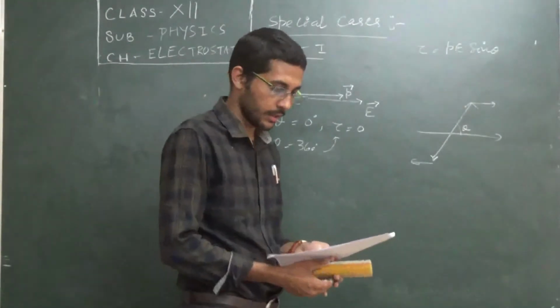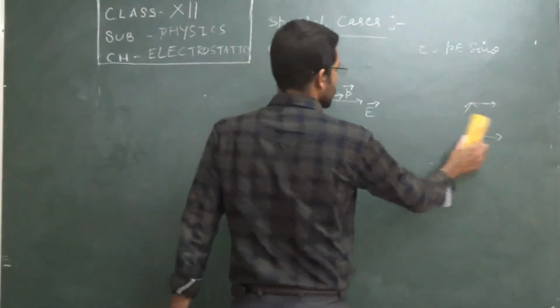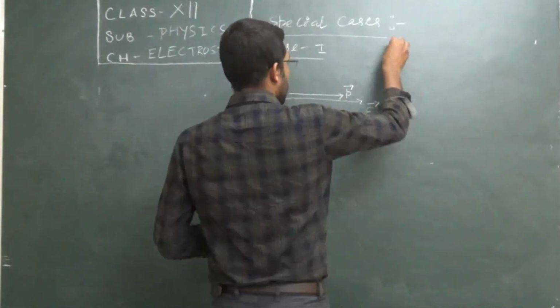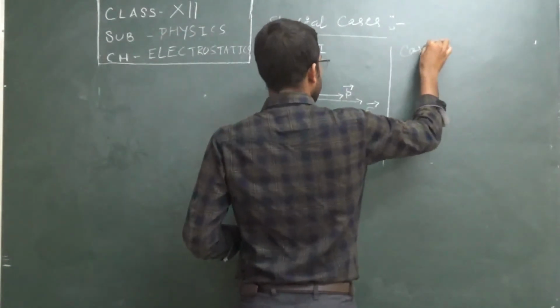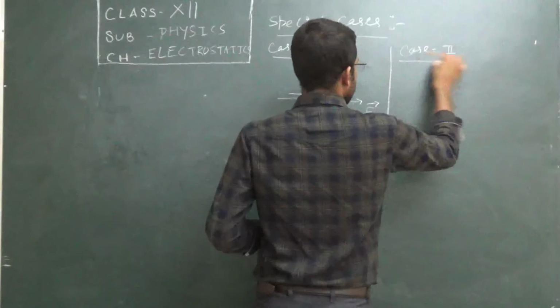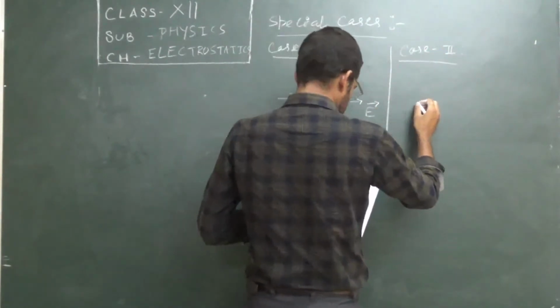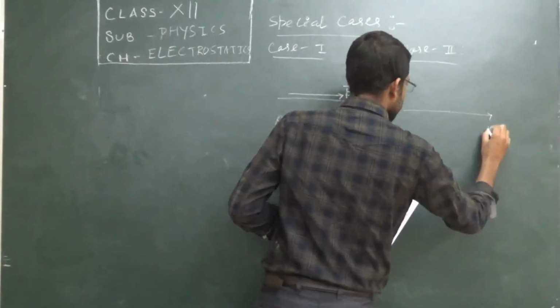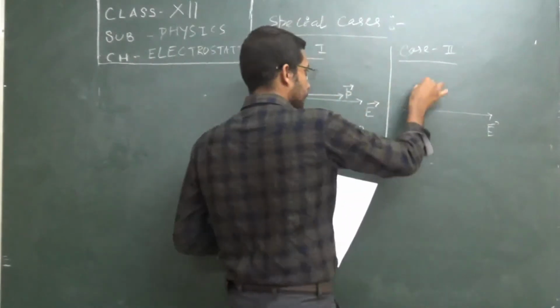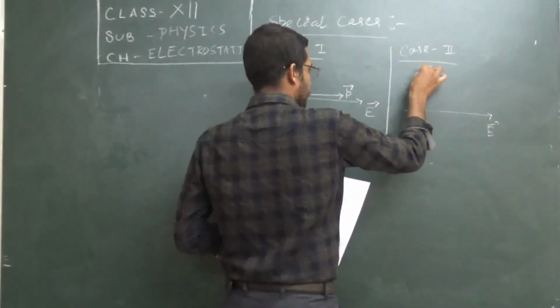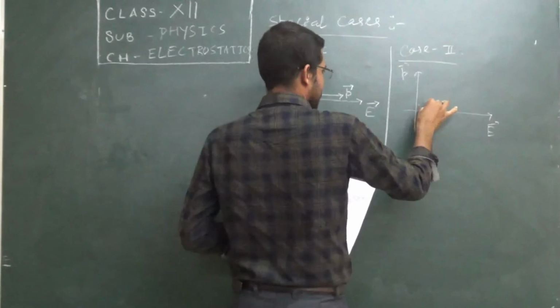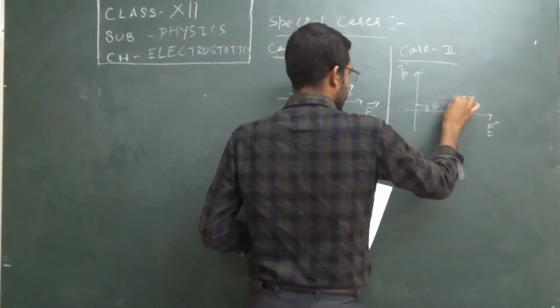You remember this one. Then the second case comes, case 2. Always try to remember the major diagram. Now the electric field is like this and the dipole is placed like this, so that this will be theta.